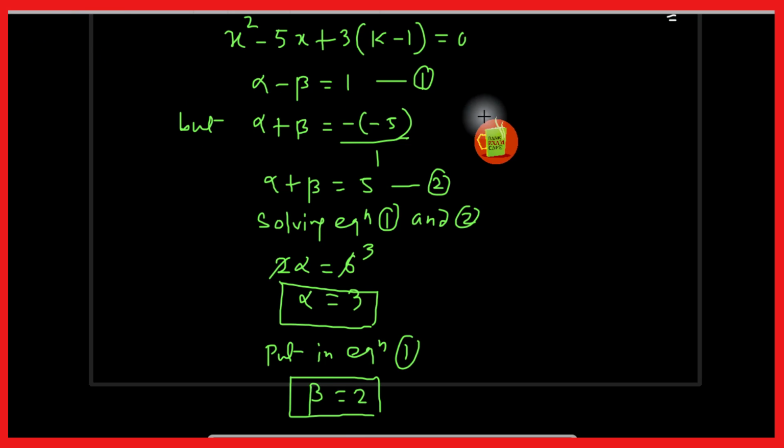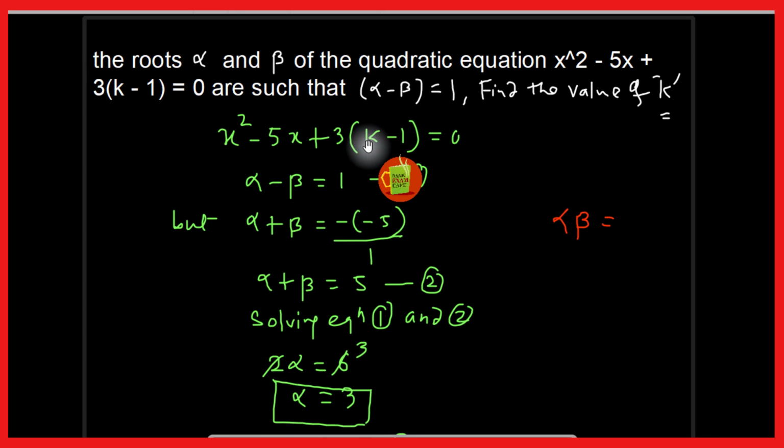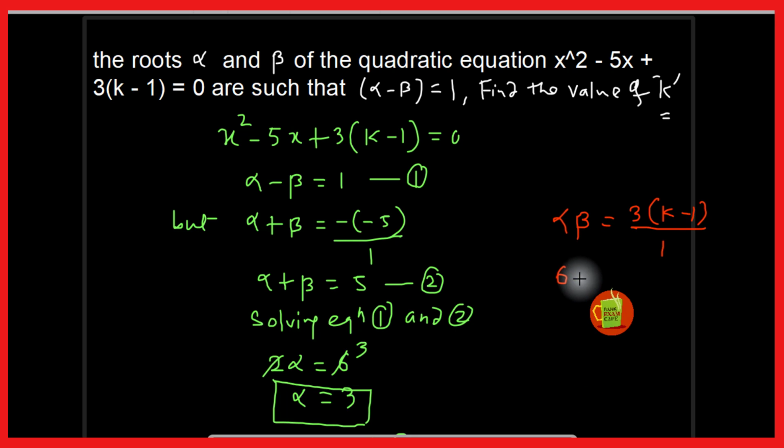To find the value of k, what we will do: alpha beta is equal to c upon a, and c upon a will be 3 into k minus 1 upon a is 1. So alpha beta, the product of the roots, alpha is 3 and beta is 2, so the product of the roots will be 6, which is equal to 3 into bracket k minus 1.